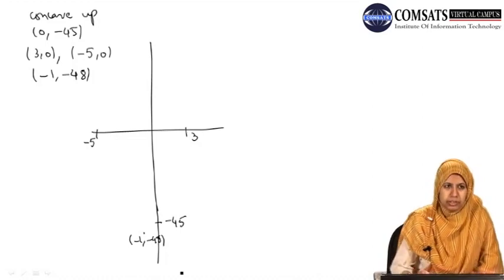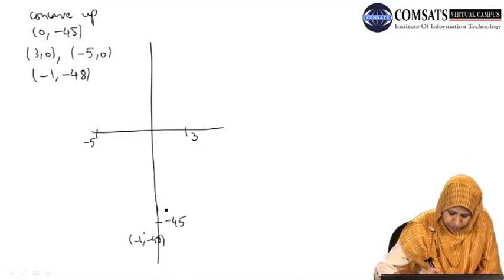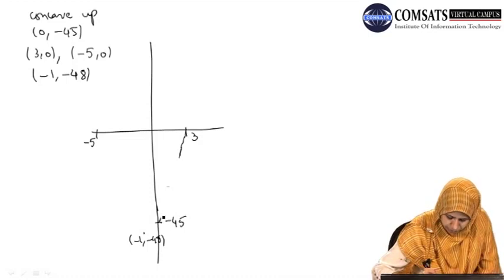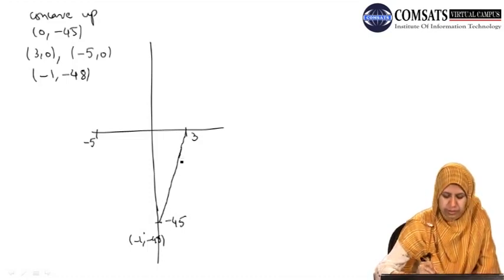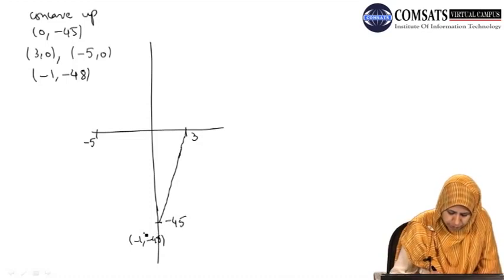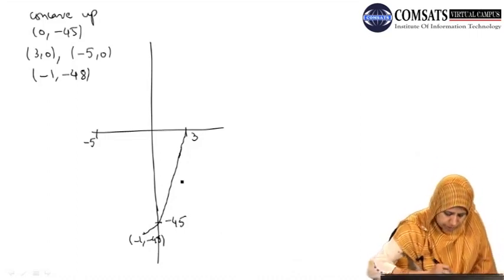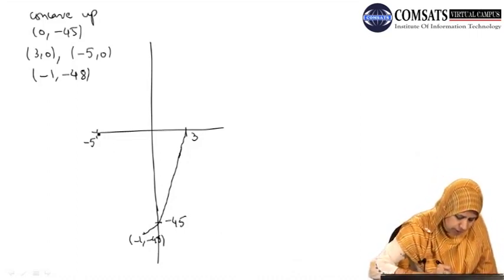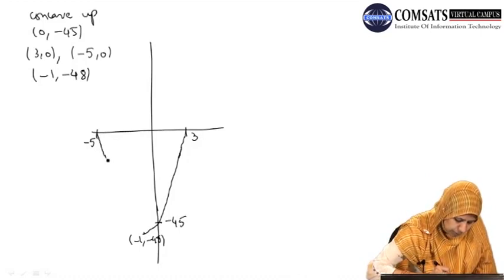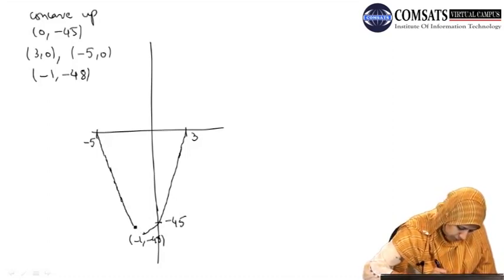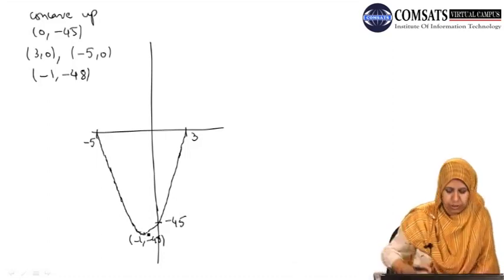First we connect our first x-intercept with the y-intercept, and we obtain this. Now this is our vertex. Now we connect our second x-intercept with the vertex.